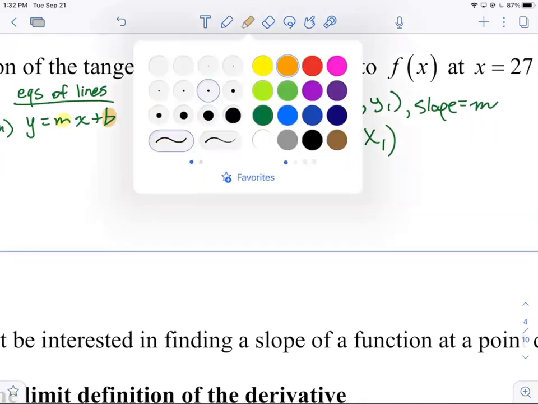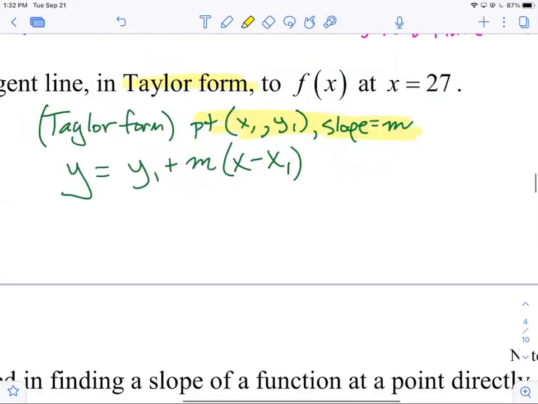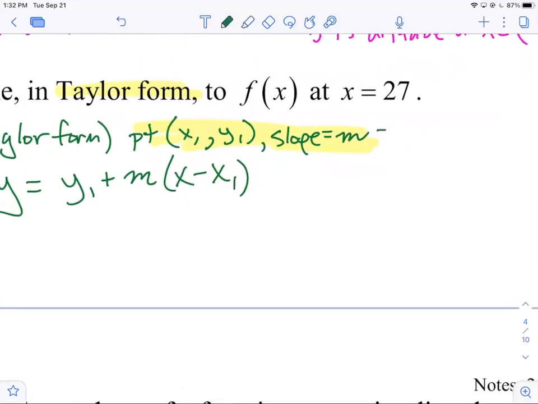Well, guess how we're going to find the slope of a curve at a single point? That's the derivative. The slope at that point is going to be f prime of x sub 1.